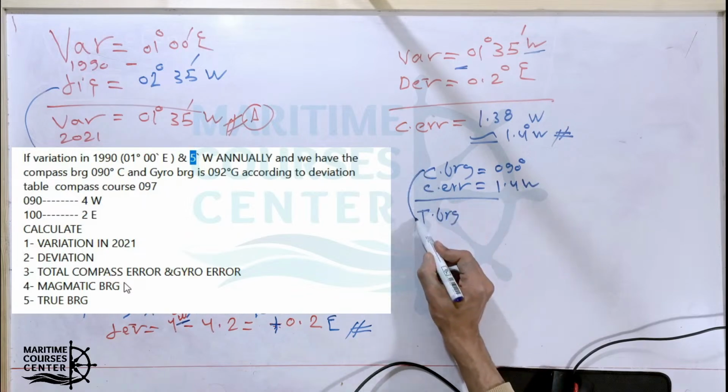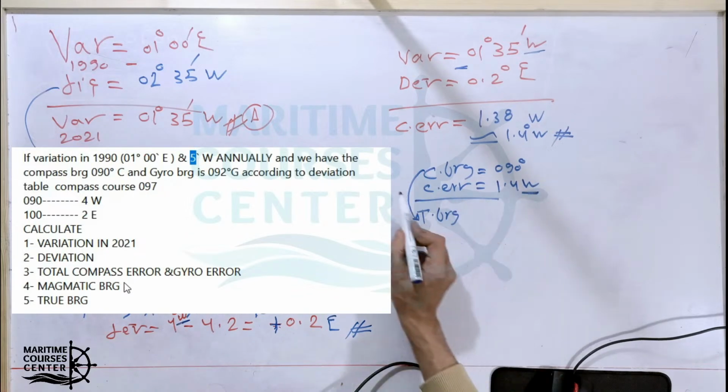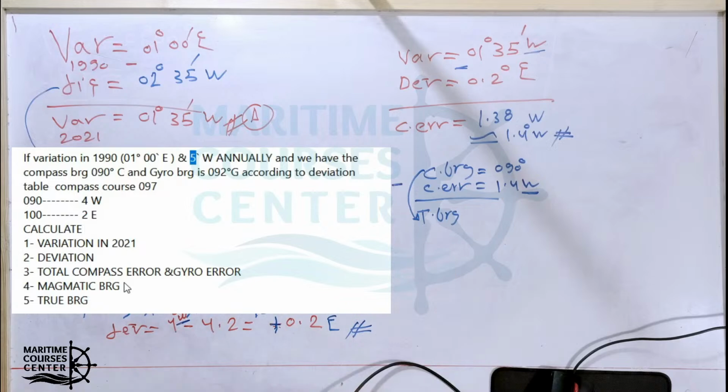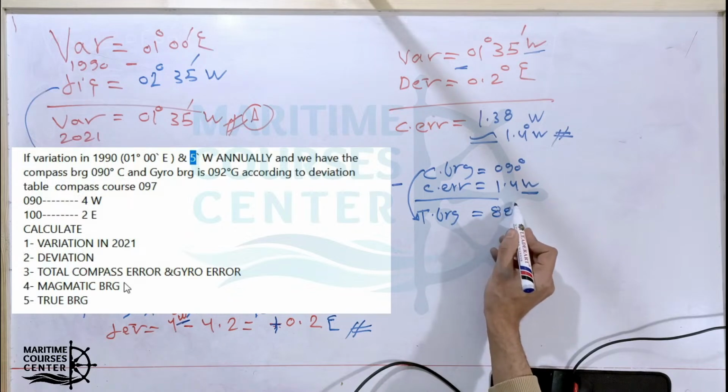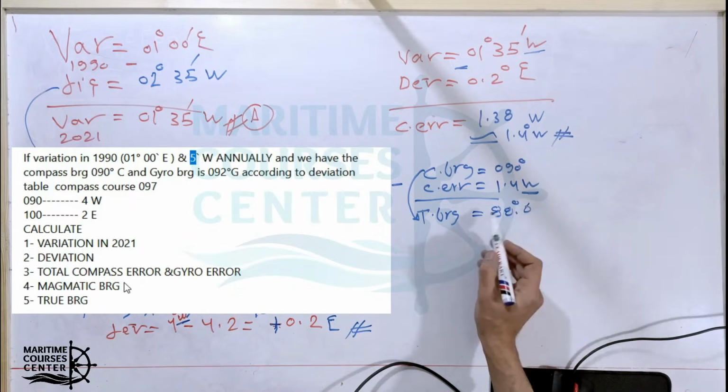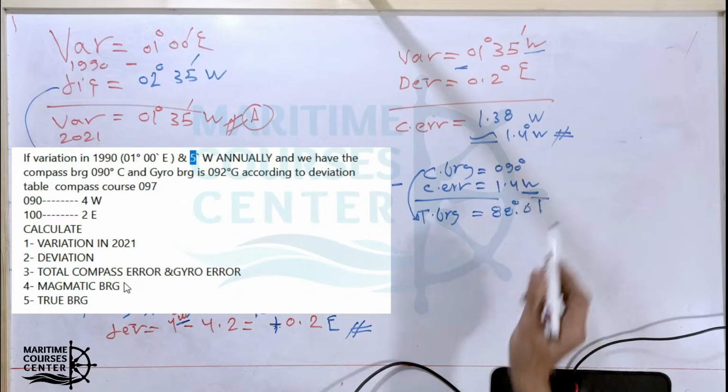So from compass to true, west, we're going to minus. So we do 090 degrees minus 1.4, so it's going to be 88.6 degrees. Okay, this is the true bearing.